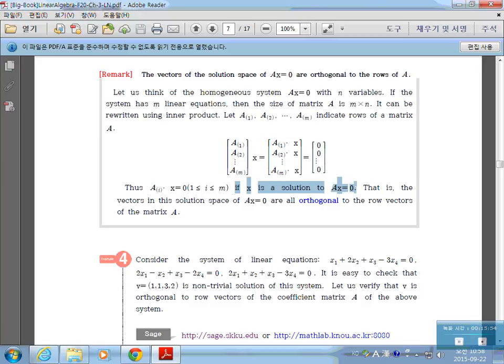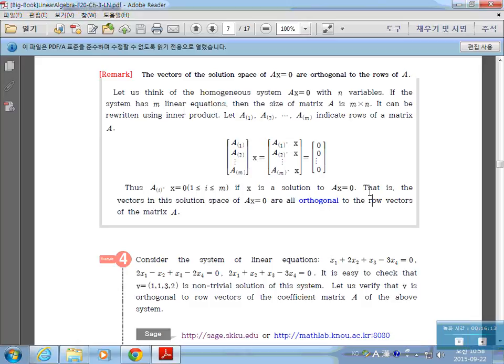if X is a solution to AX equals 0, then any row of A is orthogonal to the solution vector.